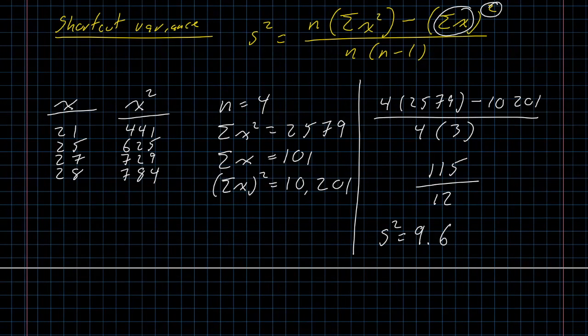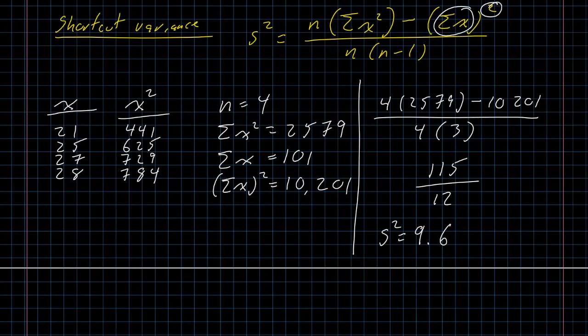When you are dealing with a short distribution like this one, I find that the shortcut variance and standard deviation formula actually takes longer than the original one.